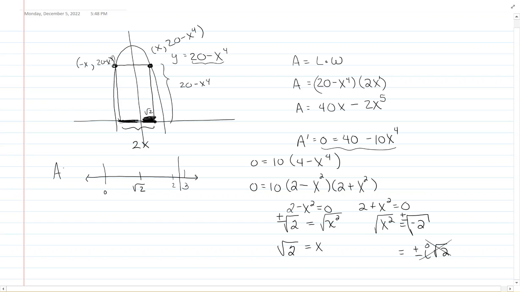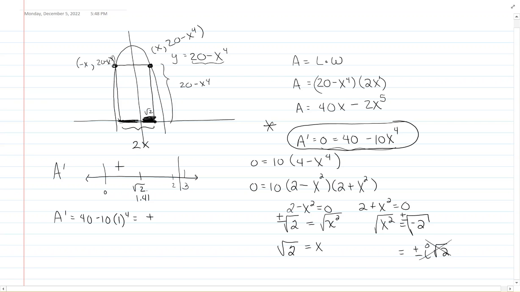So if I'm doing my sign chart on my derivative and I want to see is it increasing or decreasing, I plug a number between 0 and 1.41, that's what square root of 2 is, back into my derivative. Here's my derivative formula. And I see is it a positive number or a negative number. So if I plug in the number 1, a prime is equal to 40 minus 10 times 1 to the fourth. That's a positive number. I don't care what it is, but it's positive.